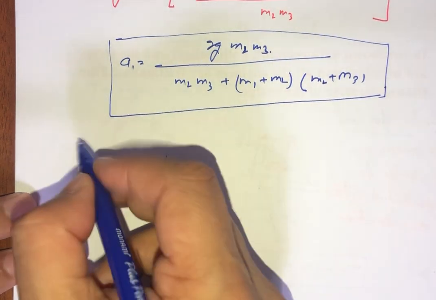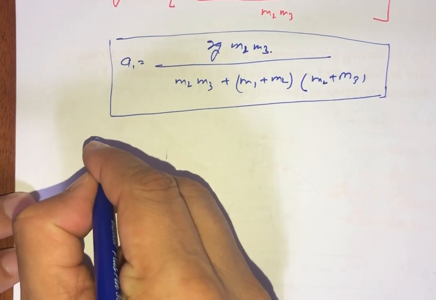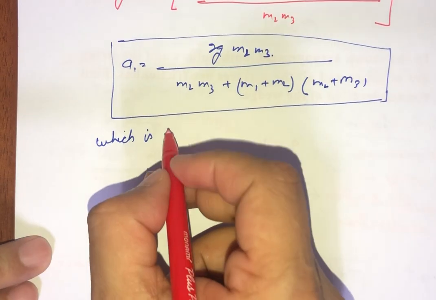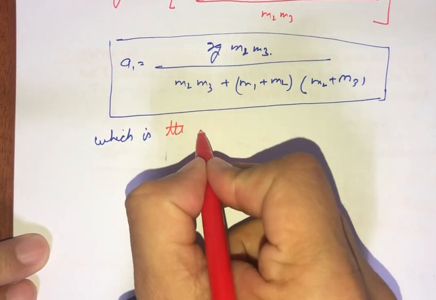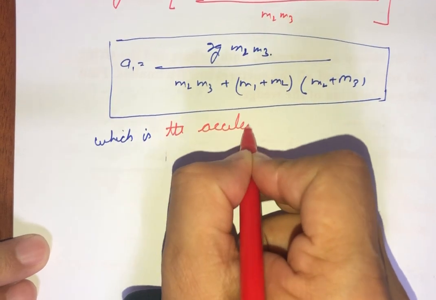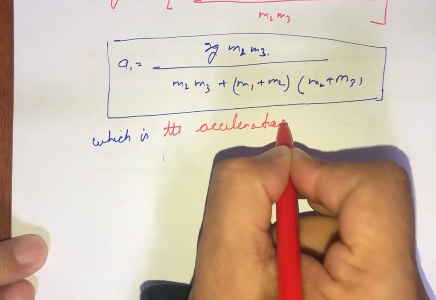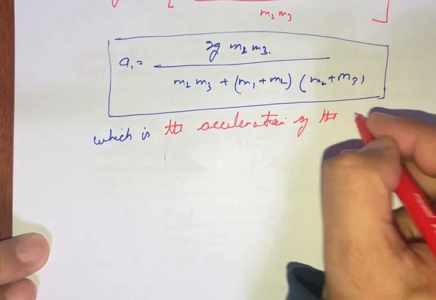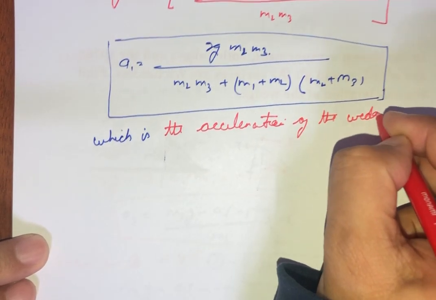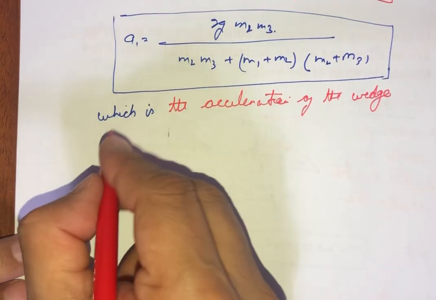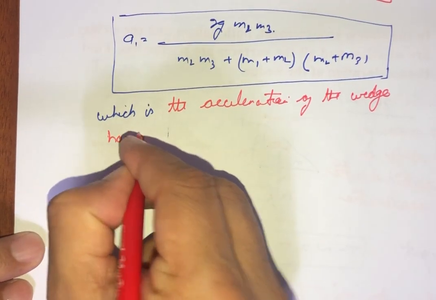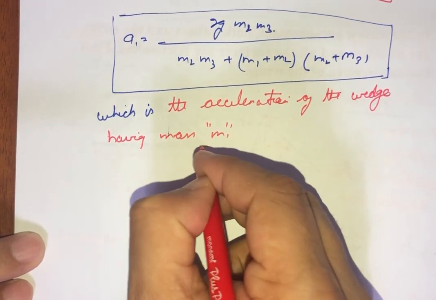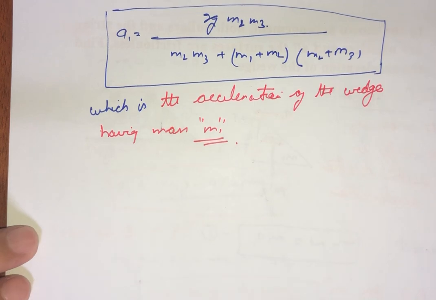That is the acceleration of the wedge having mass m1. Thank you.